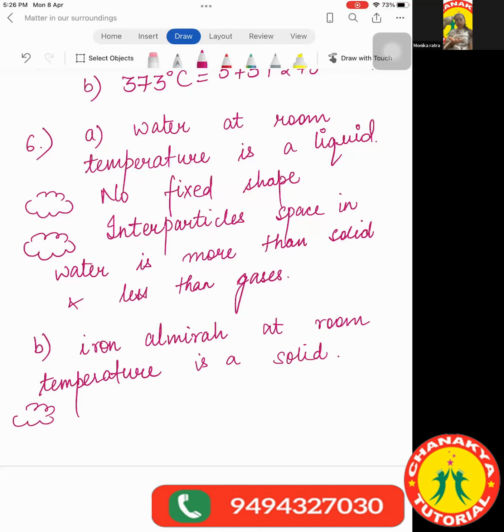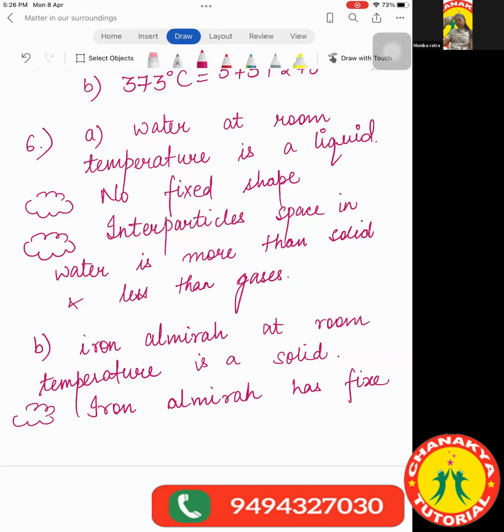Think how the solids look. Do they have fixed shape or not? Yes, ma'am. You can say that iron almirah has fixed shape, first thing.